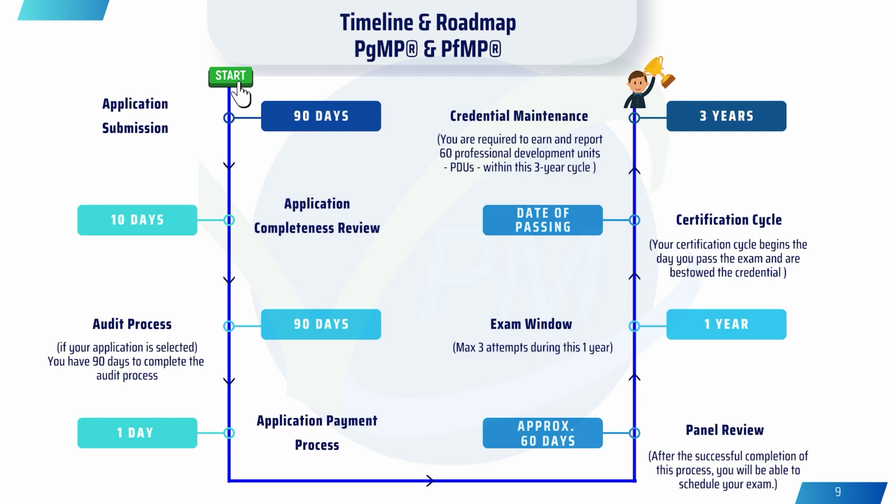So once you complete your panel review, you book your exam, and you have 1 year to complete your exam and 3 attempts. But I suggest don't delay your exam. If you're ready and the application is approved, try to book your exam within 2 to 3 months. Of course, if you're in my program, I will guide you on that.